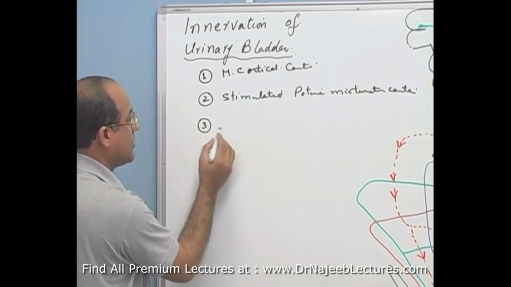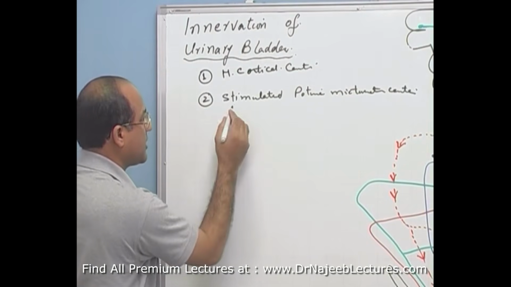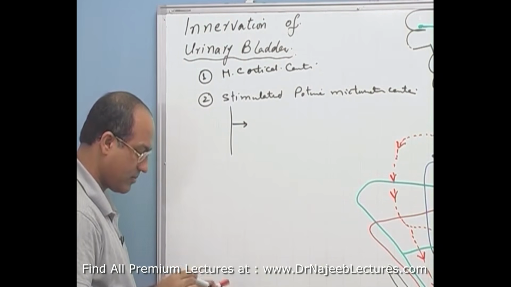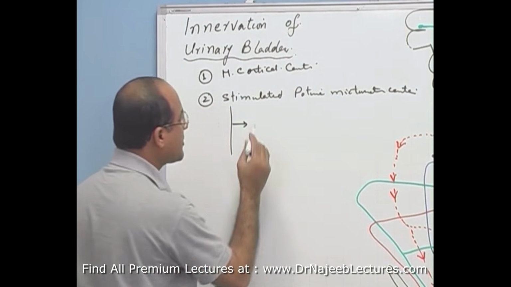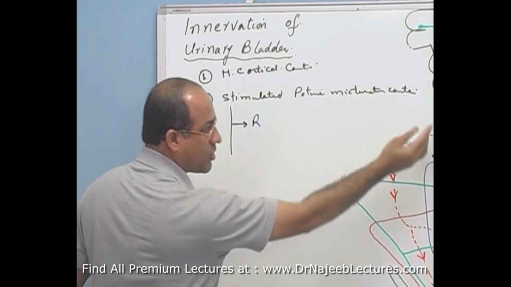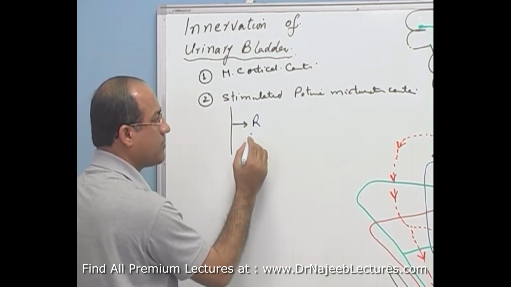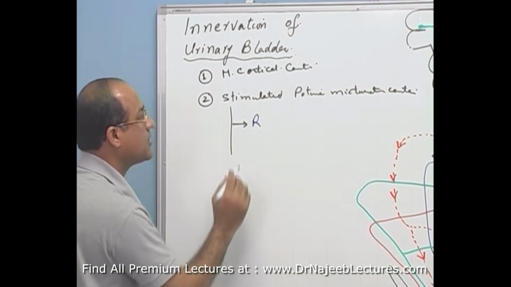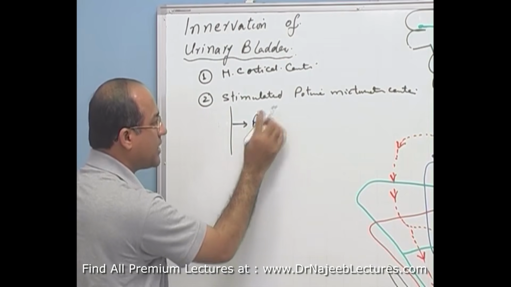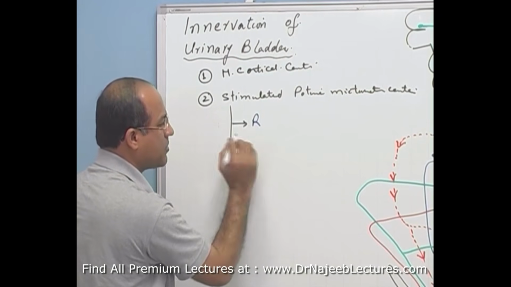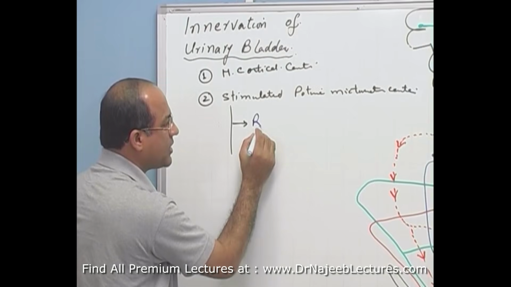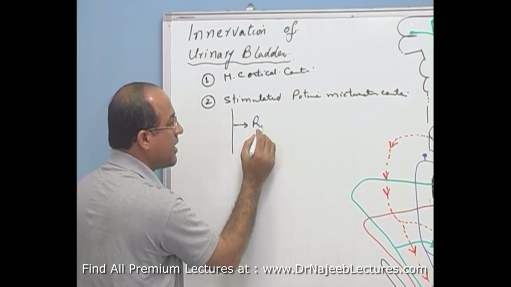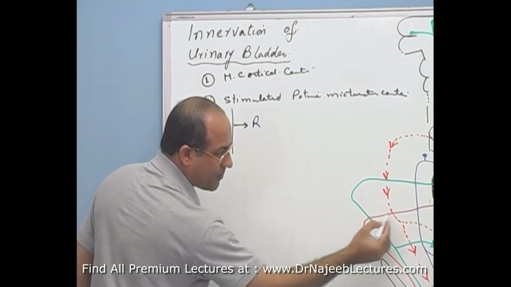Number 1, it will go down and come to the somatic outflow. When it comes to the somatic outflow, the S2, S3 and S4 somatic outflow is basically inhibited.